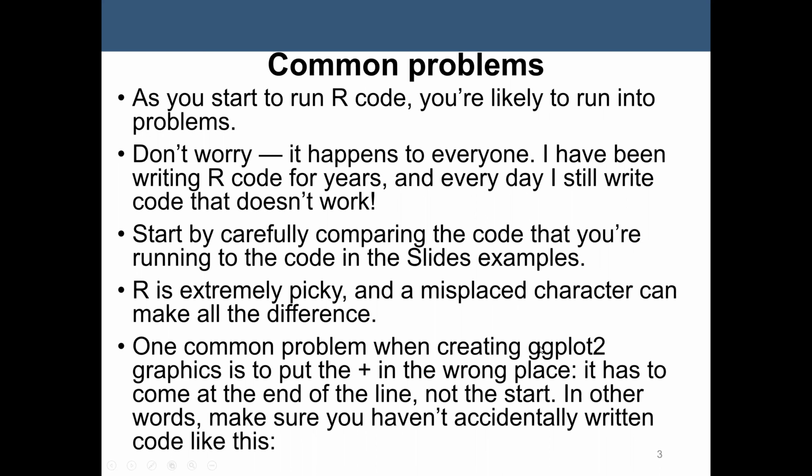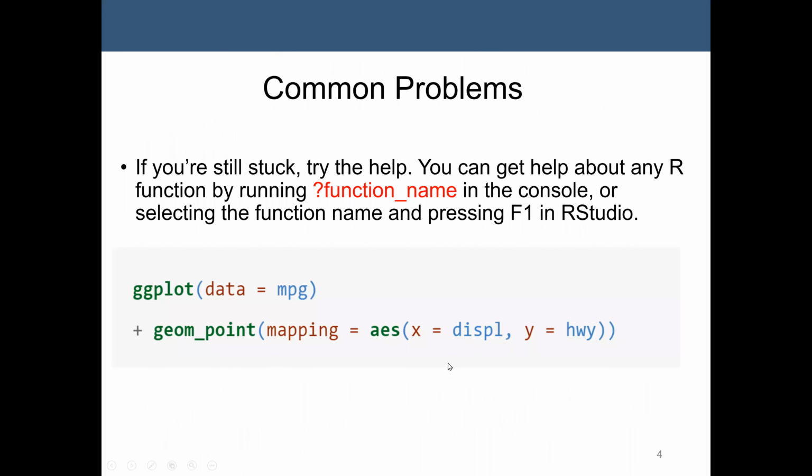Then after I write the first line, I'll put the plus, then I'll continue in the next line. But sometimes we have students that put the plus in the front. If you put a plus there, you get an error. This plus has to be at the end of the first line, which tells our program that we are continuing the code in the second line.